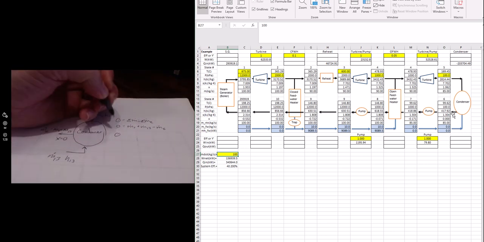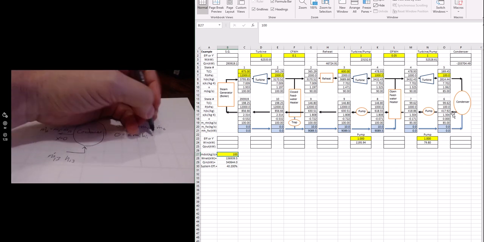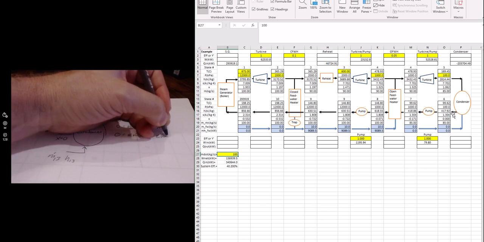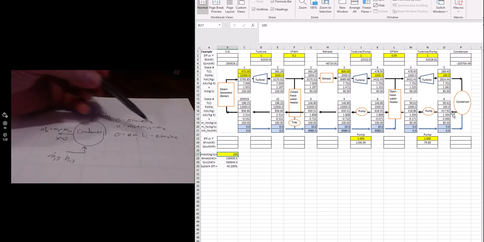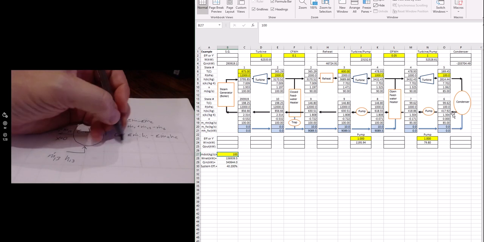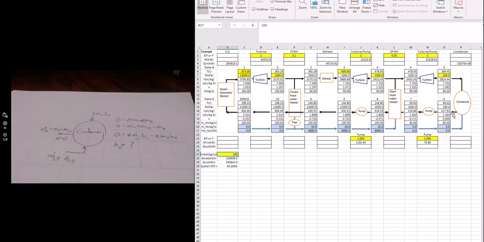And then our first law has summation m dot I Hi minus summation m dot E He. So we do that for each inlet and ultimately then solve for He. And you can use this expression to solve for that. So it's not much different. So now you have all the information you need to build all the components of the power plant.